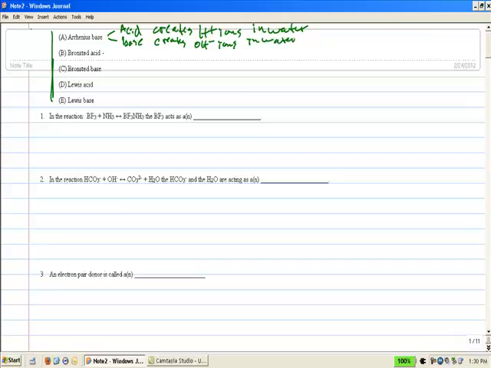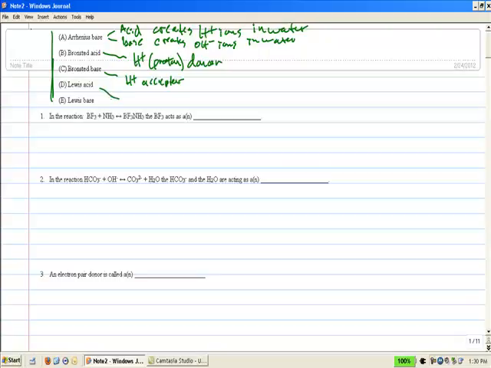A Bronsted acid is a hydrogen ion, or sometimes we just call it a proton donor, something that will give its hydrogen away. A Bronsted base is a hydrogen ion, or again a proton acceptor.